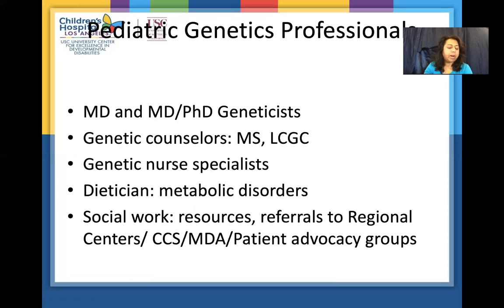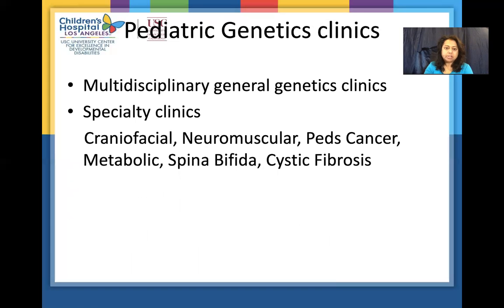So this is why early referral is really important, because the process of diagnosing genetic disorders can be an odyssey for some families. The genetics clinics include multidisciplinary and specialty clinics, such as the ones listed here, and a lot of them are getting funding at the national level from the Genetic Handicapped Persons Program.